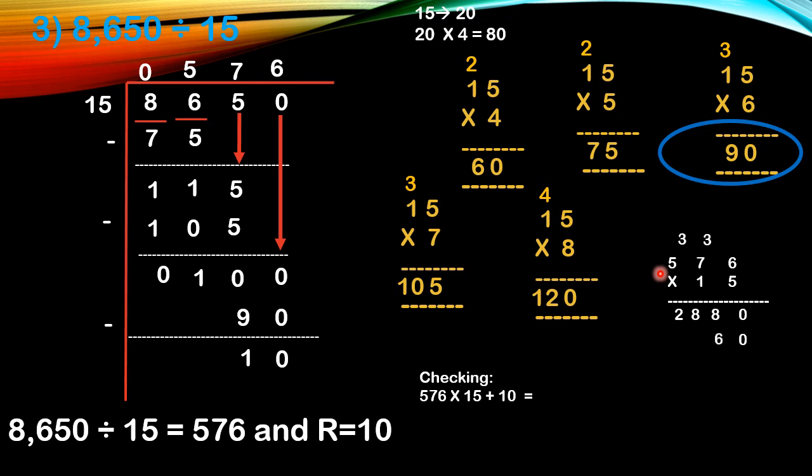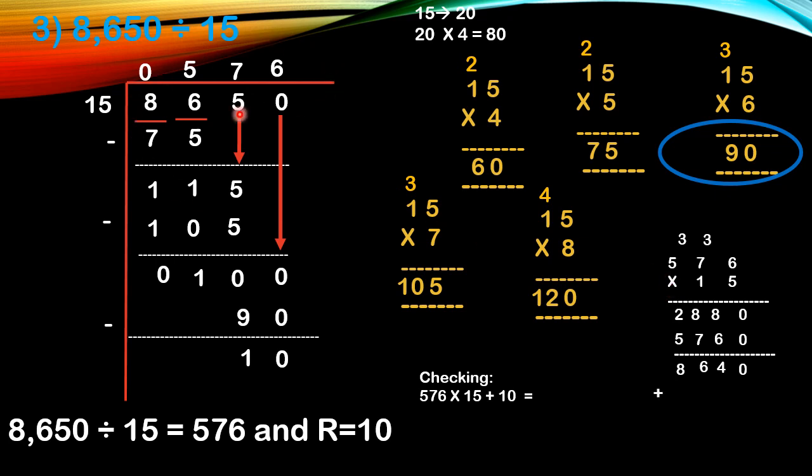So first we put 0, then 1 6 is 6, 1 7 is 7, 1 5 is 5. Then we add: 0 plus 0, 0. 8 plus 6 is 14. So we write 4 here, then carry 1. 7 plus 8 is 15, 15 plus 1 is 16. Then we carry 1 here. So 5 plus 2 is 7, 7 plus 1 is 8. So here we got the answer.